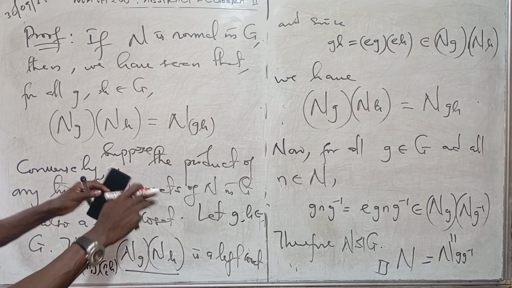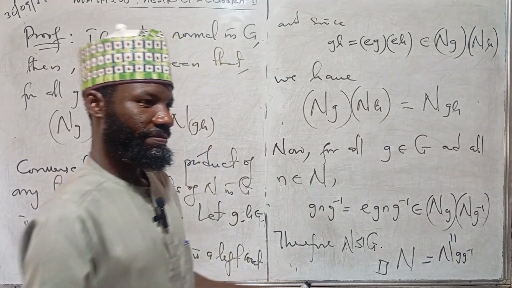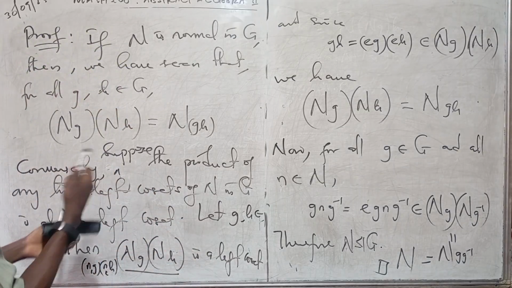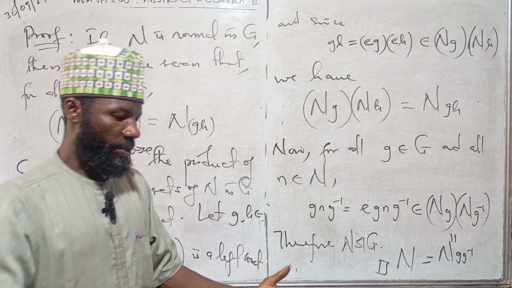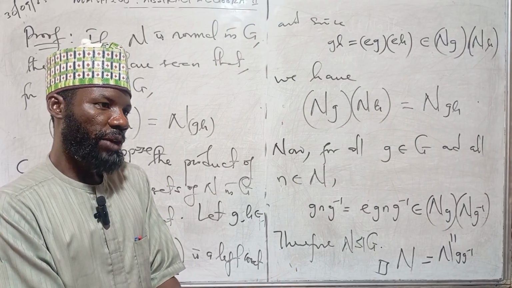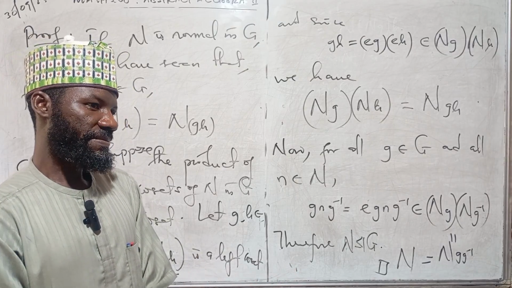Okay, so what have we achieved? We have gotten yet another characterization of a normal subgroup. Whenever you see that the product of two left cosets is also a left coset, then that subgroup is normal.